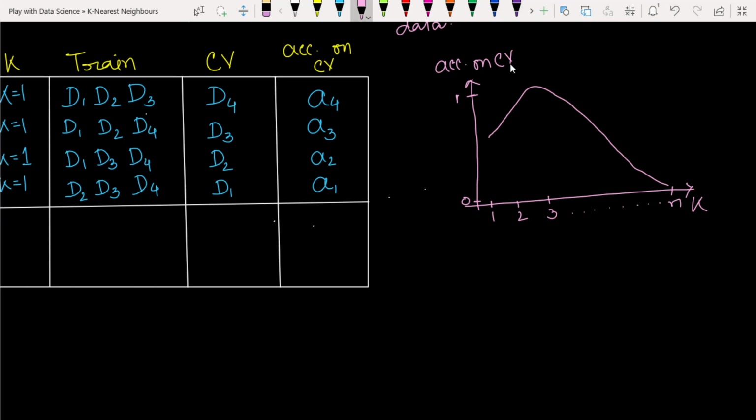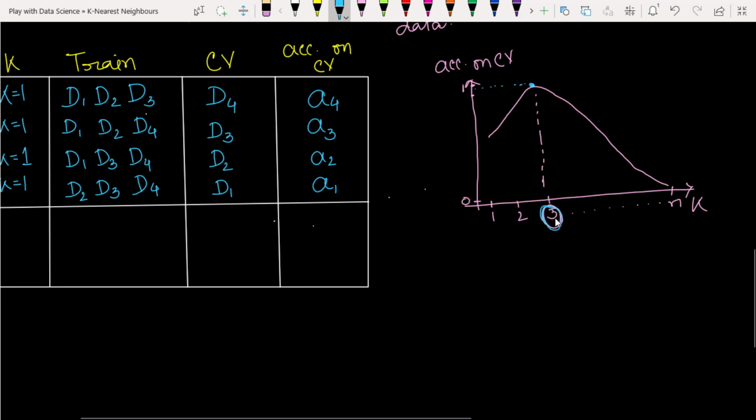Suppose over here our maximum value for this curve is here. Suppose I am getting the maximum value of this curve here, for k is equal to 3.